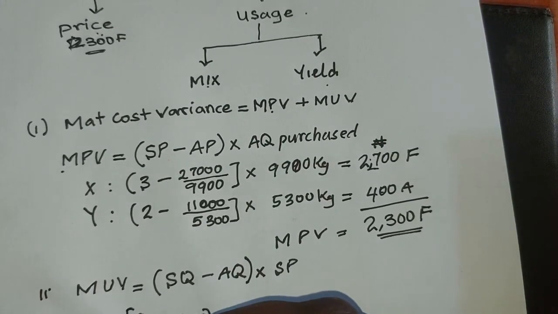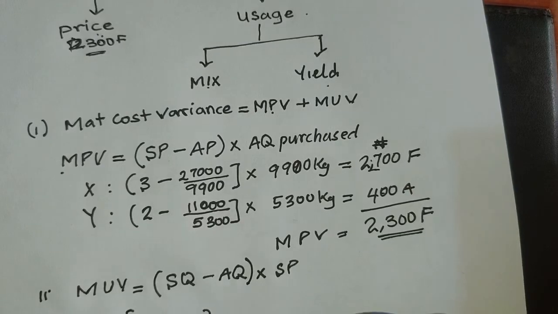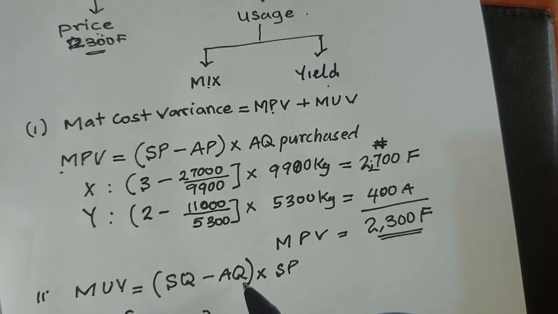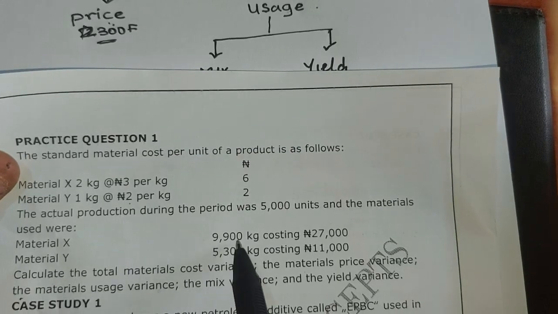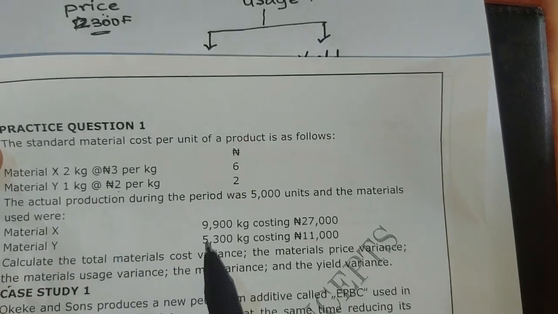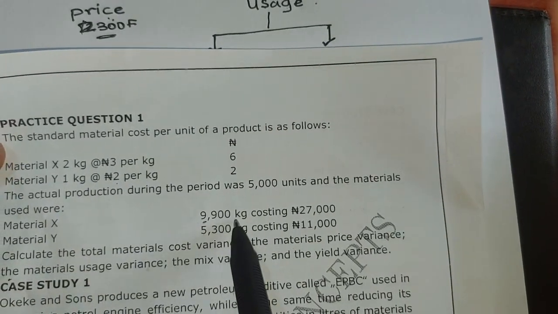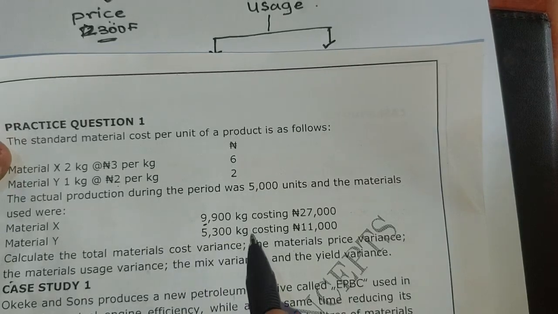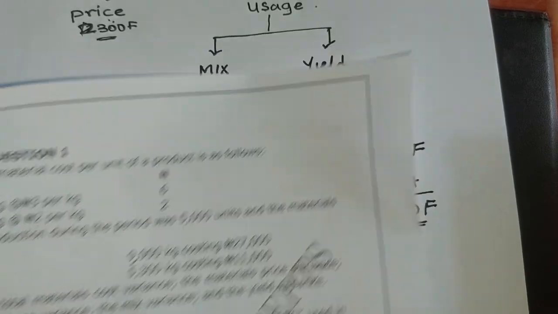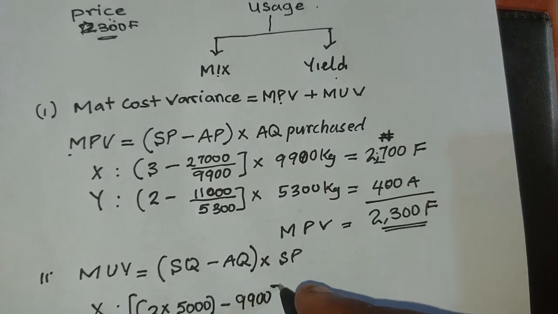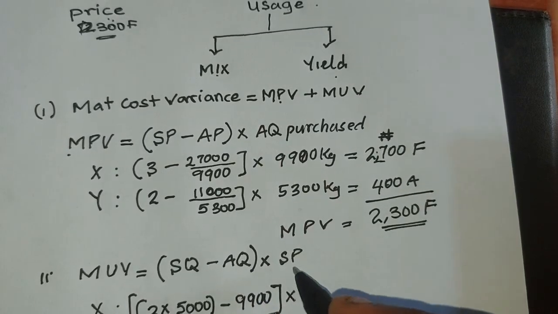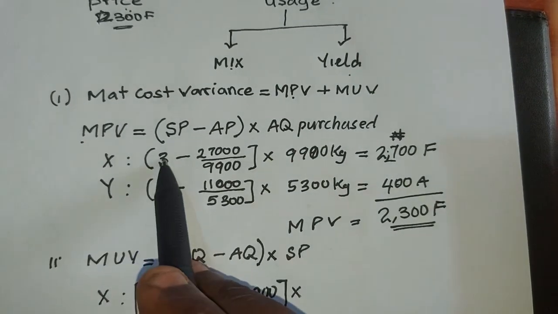Then you open a bigger bracket, minus the actual quantity of X that was consumed. It is the same thing as the purchased. So in this case, the actual quantity purchased is the same as the actual quantity consumed, which is 9,900. Then you multiply by the standard price, which is 3 naira.